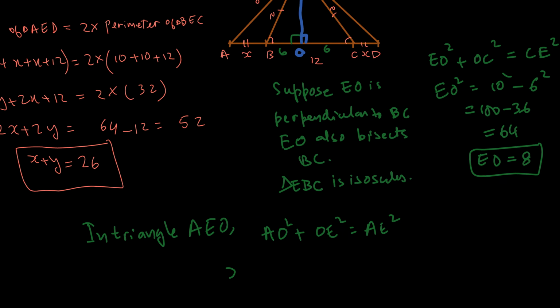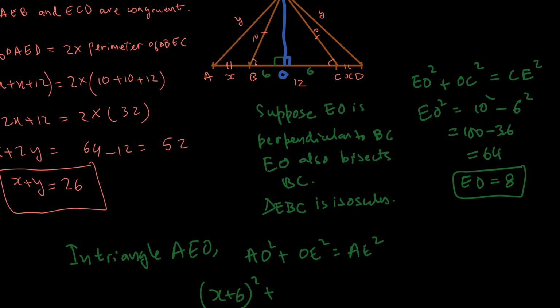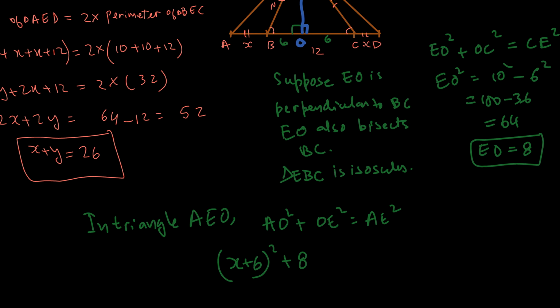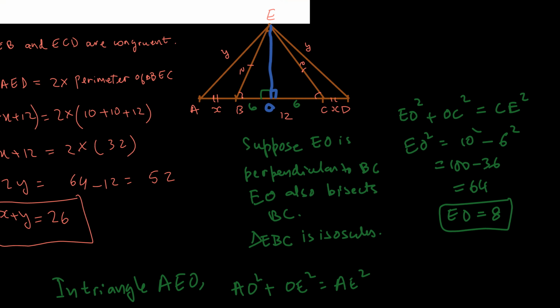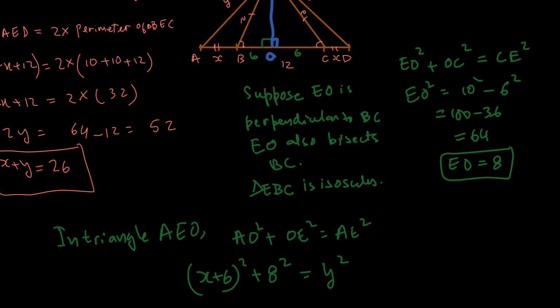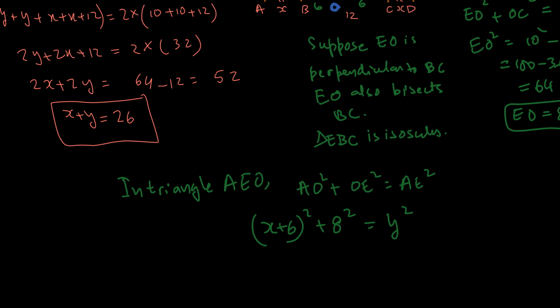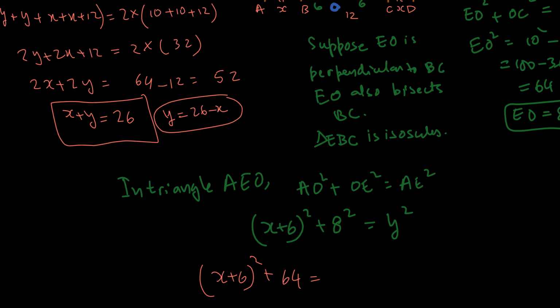It's x plus 6, whole squared, plus OE squared, that's 8 squared, is equal to AE squared, that's y squared. So you see we can write that y is equal to 26 minus x. So we can apply that here. So (x plus 6) squared plus 64 is equal to (26 minus x) squared.